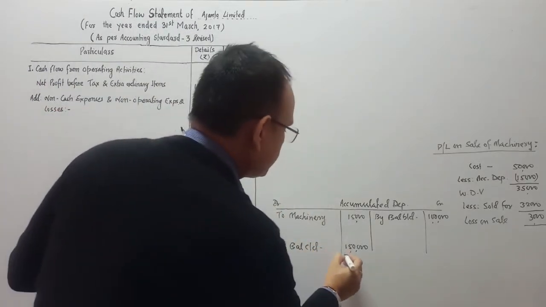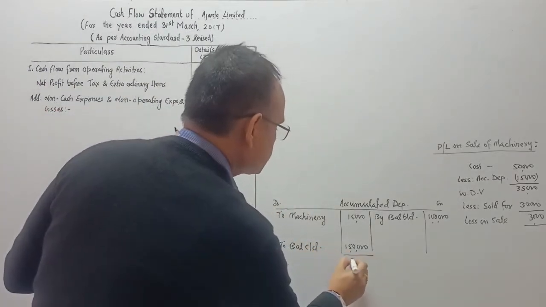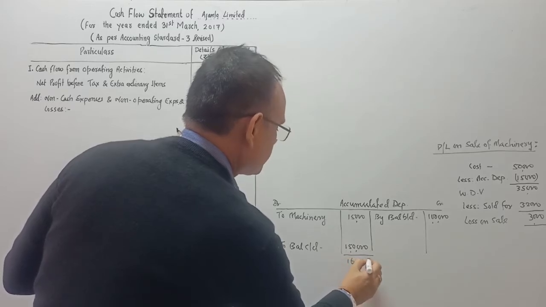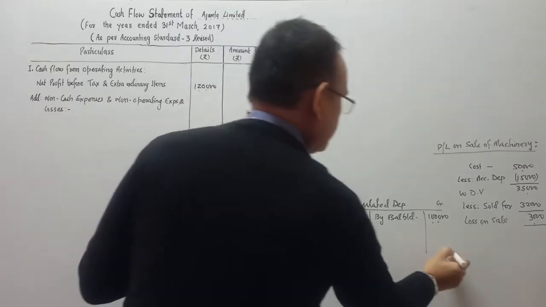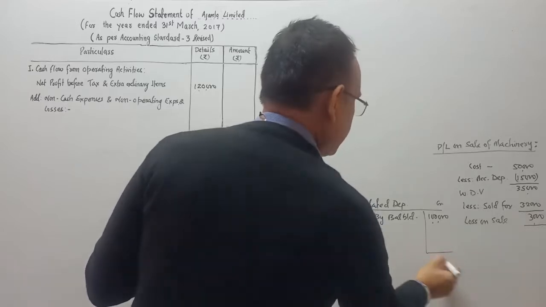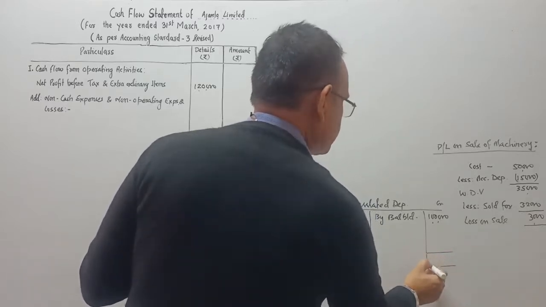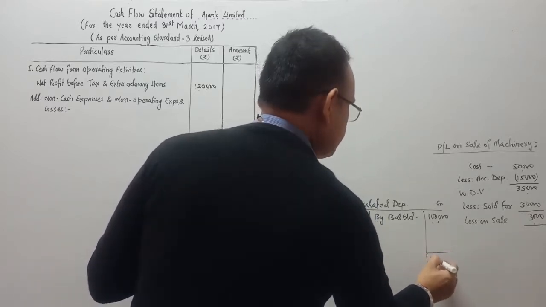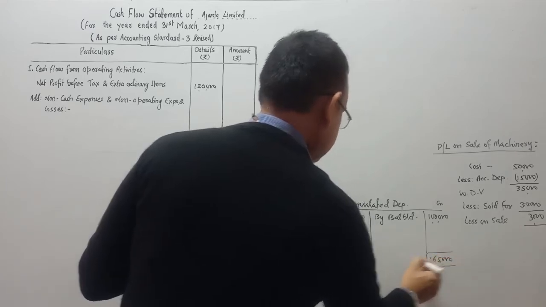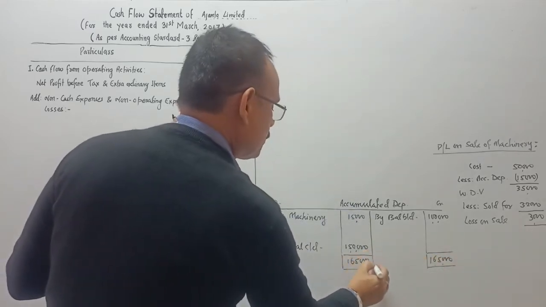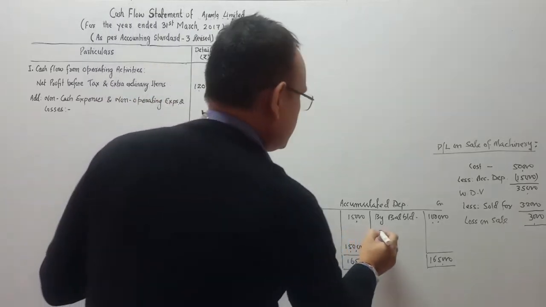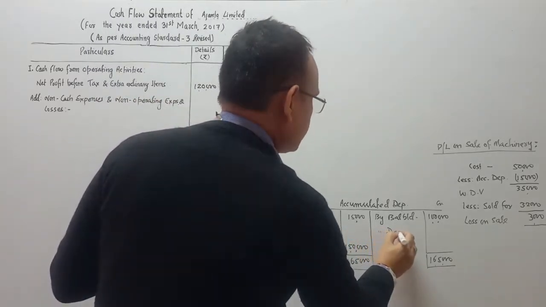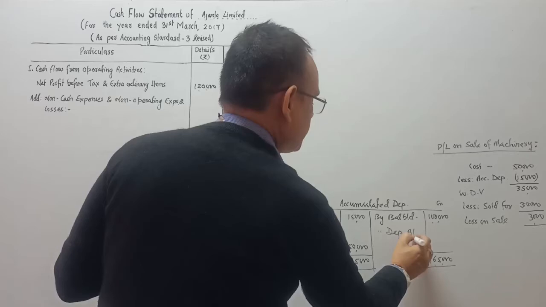So this side here it is 1,65,000. So remaining will indicate the depreciation during the year. 1,65,000 I am going to write the same amount on the credit side. So this difference indicates the depreciation charged during the year.